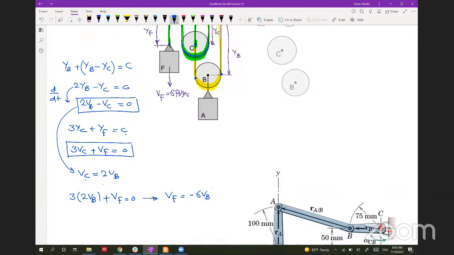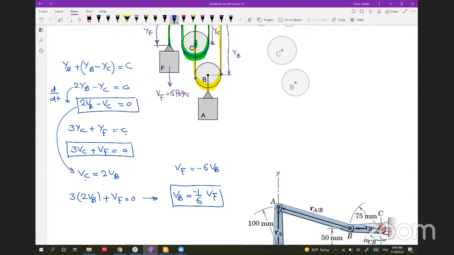Let's get VB because we have VF. So VB will be equal to negative 1 over 6 VF. It's the same: if you write VF equal to negative 6 VB, you divide by negative 6, so it will be negative 1 over 6 VF.